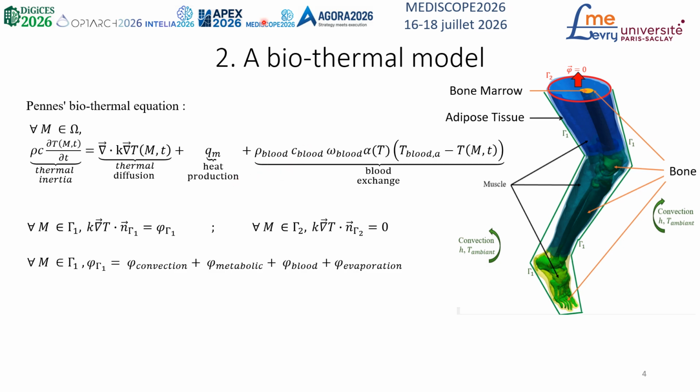And we have the blood exchange with the term rho C omega W alpha as a function of temperature T. For the boundary condition on gamma, we find the convection with the external environment, the metabolic flux at skin level, exchange with blood, and the evaporation term corresponding to transepidermal water loss.